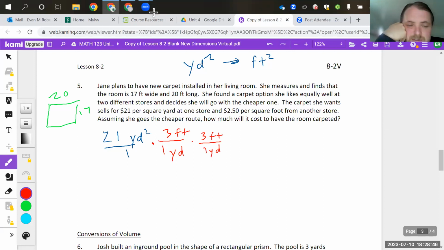Again, I need 2 of those to get rid of the yard squared. And so that will give me 9 times 21, which is 189.